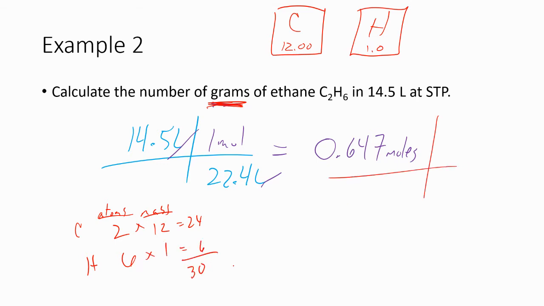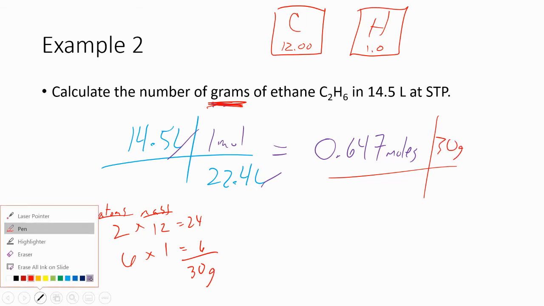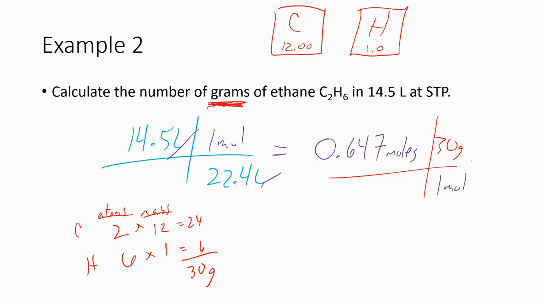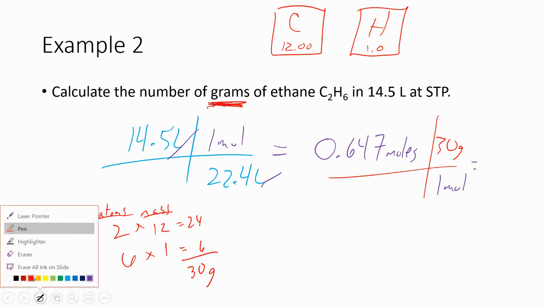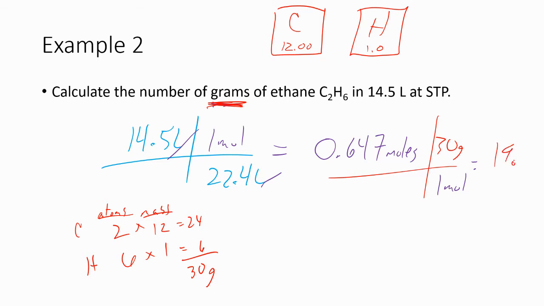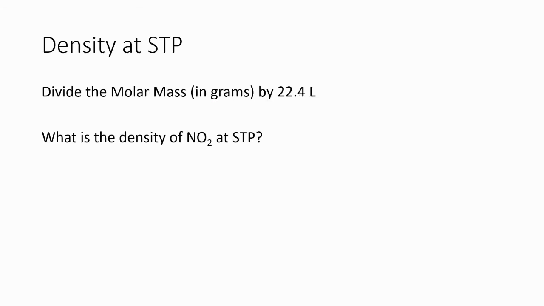So there are 30 grams in 1 mole. So if you need to find grams, you multiply that by 30 and you get 19.4 grams. All right, so it allows us to bring that periodic table grams to moles situation back. But this is only useful at STP, which isn't terribly useful.